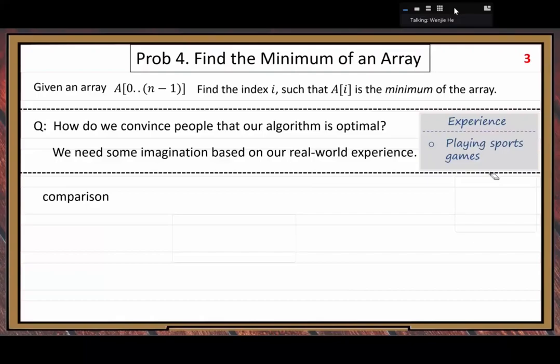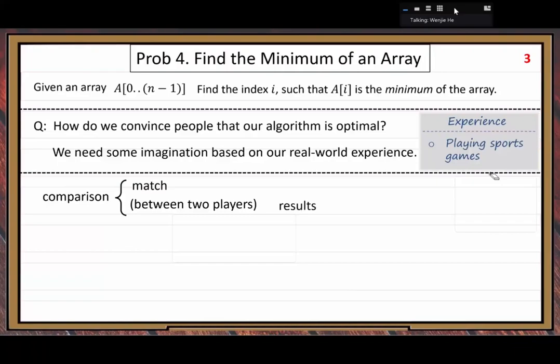Comparison. The basic operation we study in our algorithm context is comparison. In sports games, we have a similar activity, right? When we play a match between two players, there are several different states.